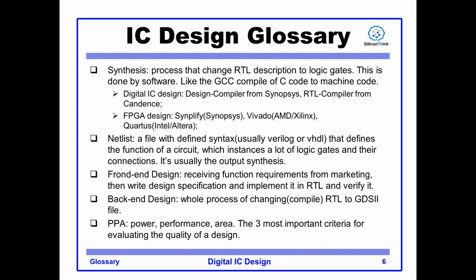This is the criteria for us to tell a good design from a bad design. In the real world, you have to compromise between PPA, between power, performance, and area. If you want to increase one, for example performance, usually you have to compromise on area and power.